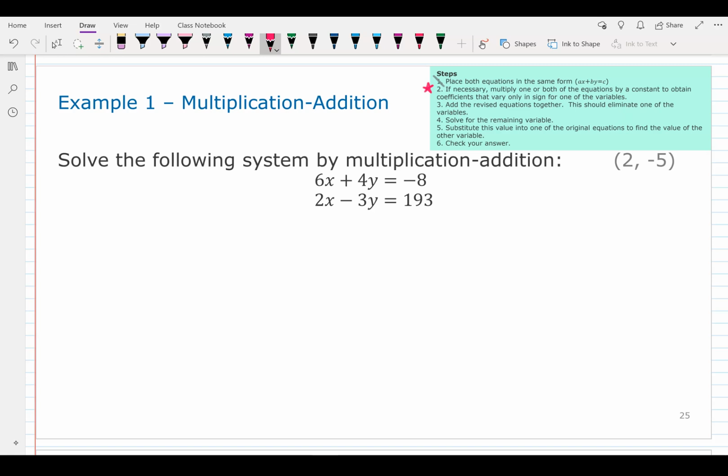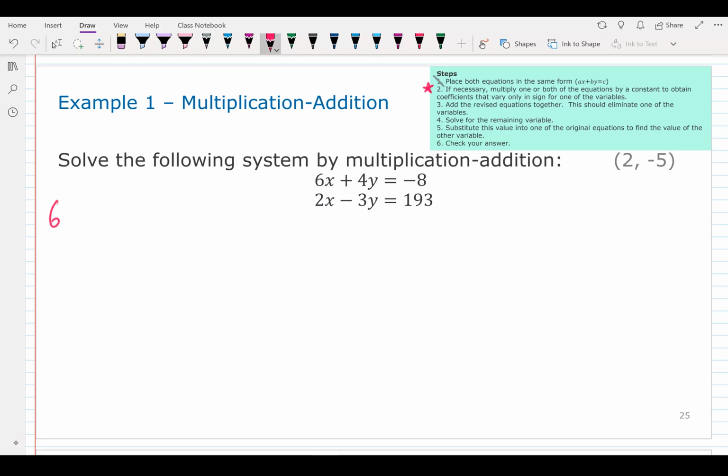Look at this here. For example, you have a 6x and you have a 2x. You have a 4y and you have a negative 3y. You have a negative 8 and a 193. Just follow me here. 6 and 2. They are different by a multiple of negative 3.